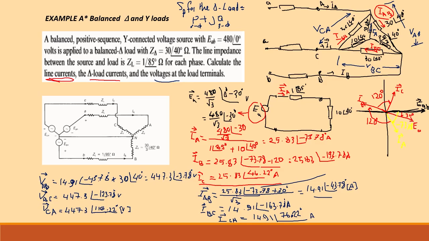The power consumed by this phase is the same as the power consumed by the second phase, and the same as that consumed by the third phase. The formula that we can use to calculate the apparent power is as follows.